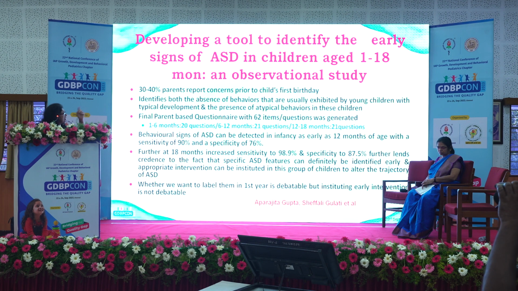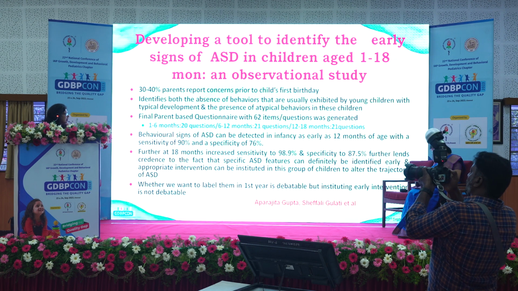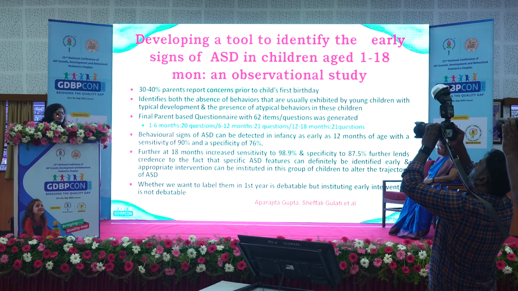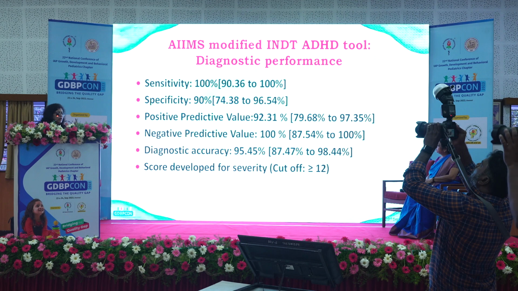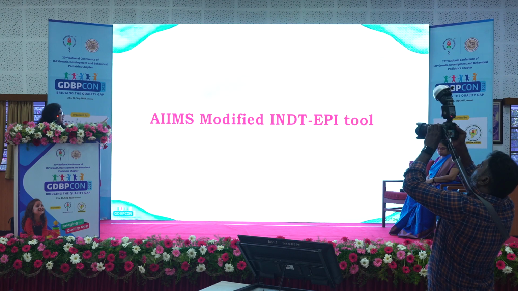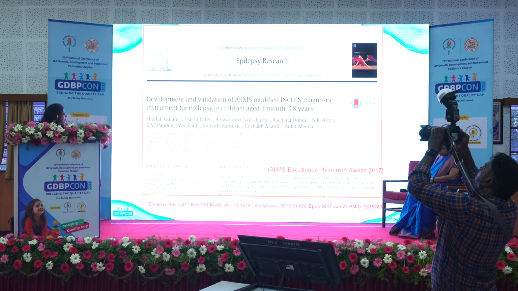Then we have also developed another tool for 1 to 18 months, with 1 to 6 months, 6 to 12 months, and 12 to 18 months versions, and we have been able to pick up these high-risk children with good sensitivity and specificity, so that we can do early intervention. And you have the ADHD tool for 6 to 18 years with very good psychometrics, published in Neurology India, and in 2020 an epilepsy tool from 1 month to 18 years, published in Epilepsy Research with very good psychometrics.